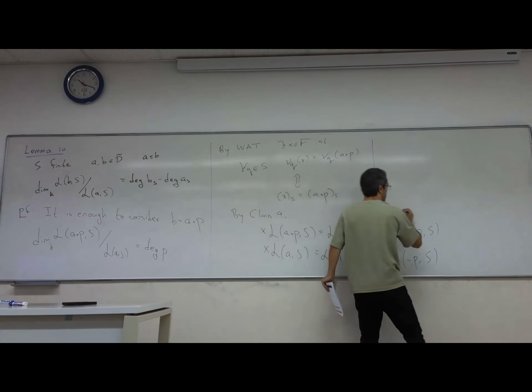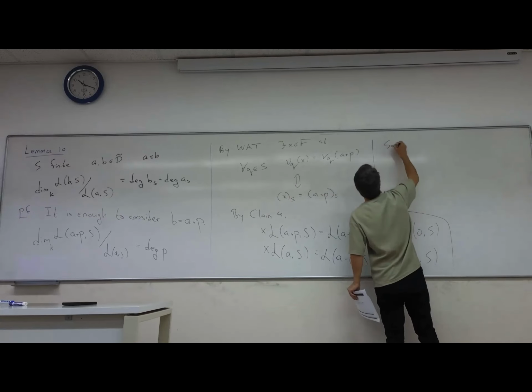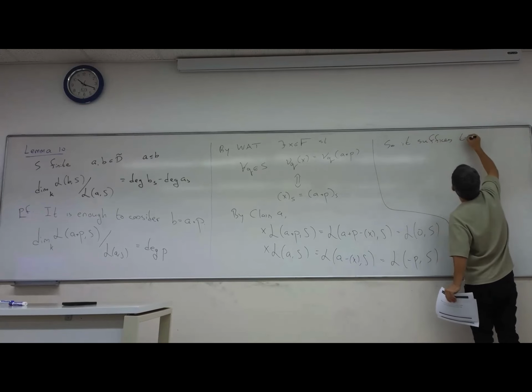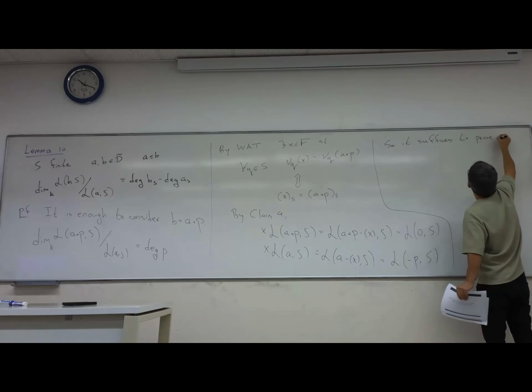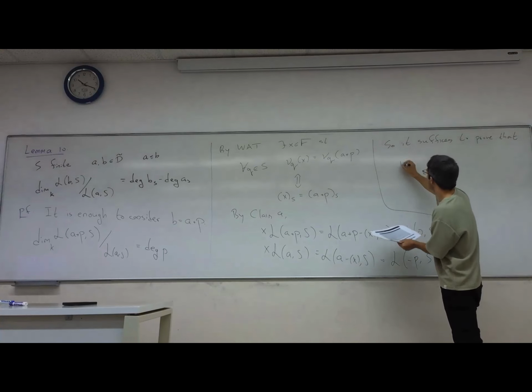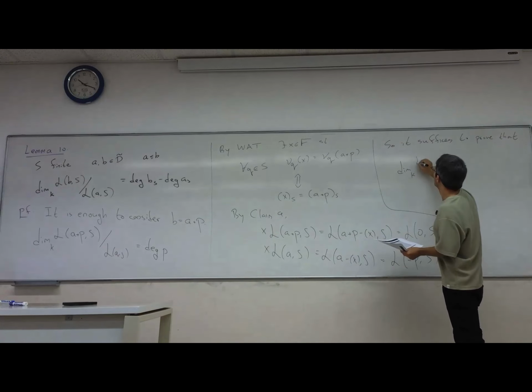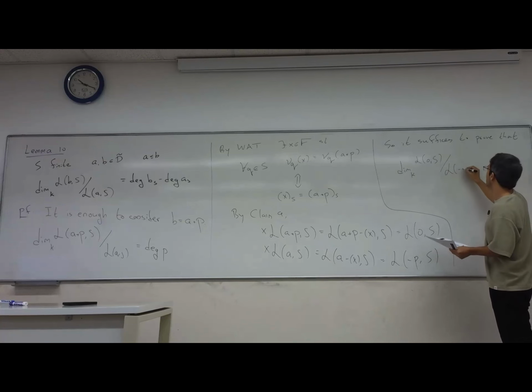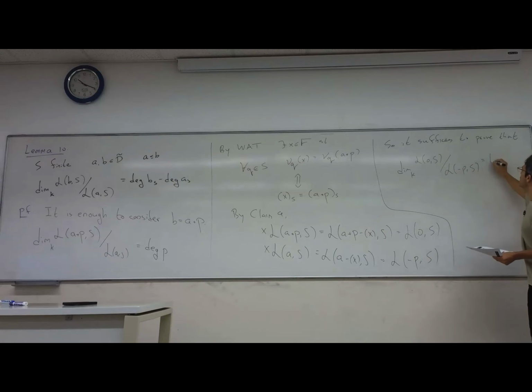So it suffices to prove that the dimension of this Riemann-Roch space, which looks a little bit weird, is the big P.